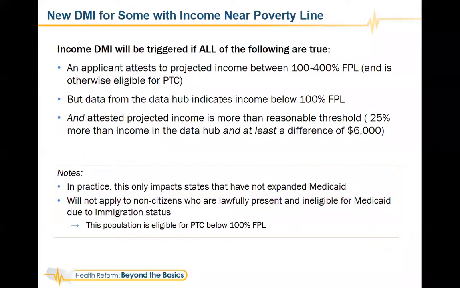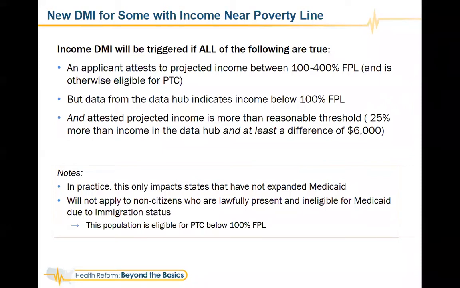A little bit more about that. The DMI is going to be triggered if all of the following are true. The applicant attests to projected income between 100 and 400% of the poverty line, and they're otherwise eligible for PTC, so nothing else has disqualified them. But data in the hub indicates income below 100%, and attested income is more than a reasonable threshold above that.